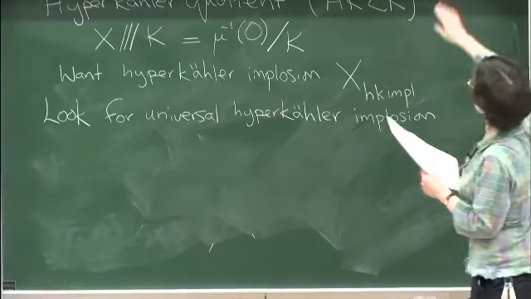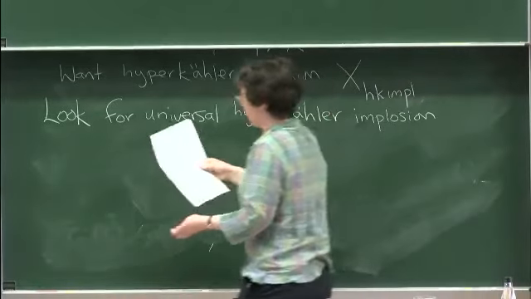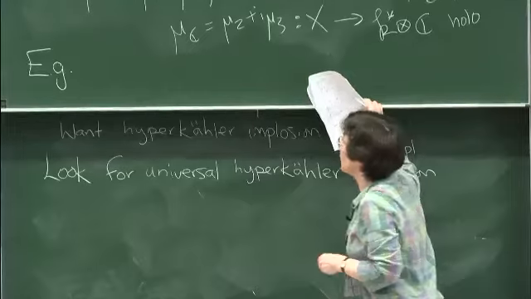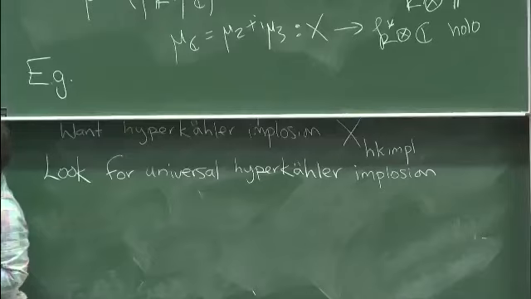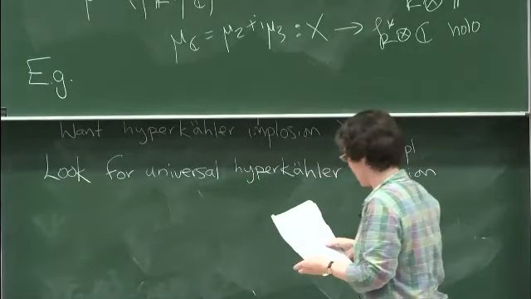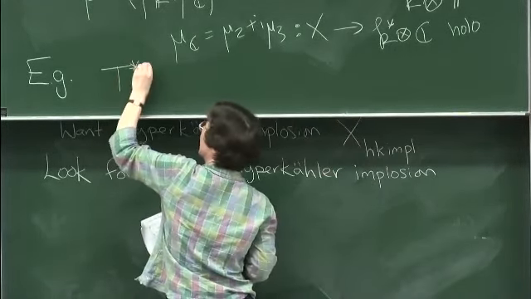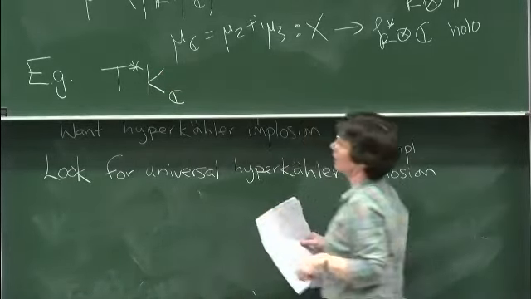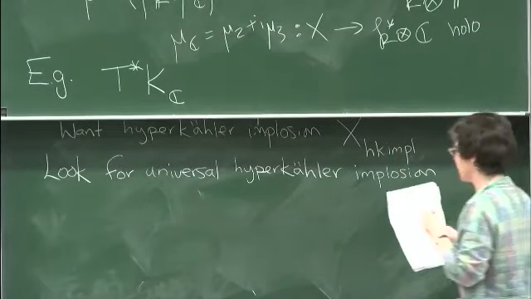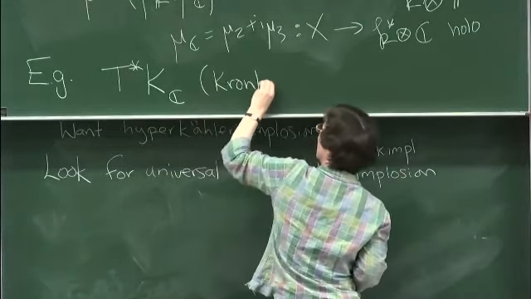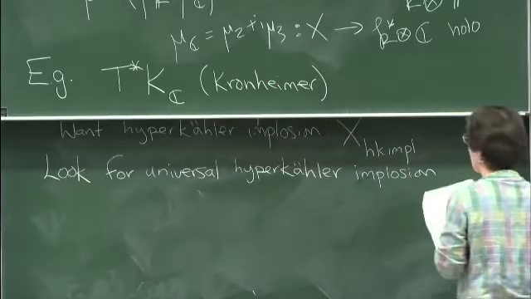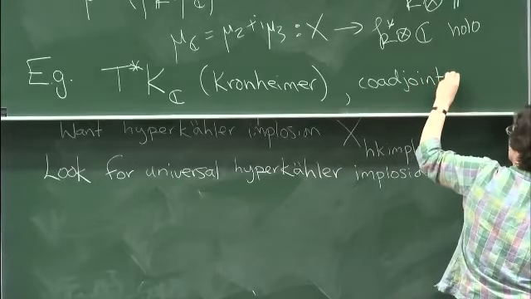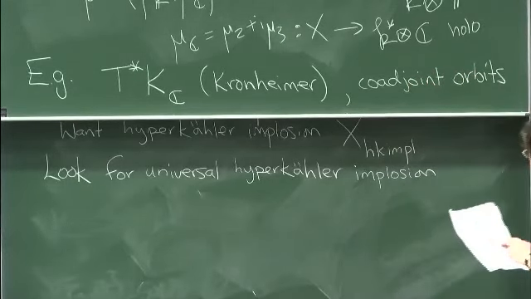Some examples of Hyperkahler manifolds that are going to be particularly relevant here: if you take the cotangent bundle to K, it is symplectic, and if you take the cotangent bundle to the complexification of K, then this actually has a Hyperkahler structure, which was due to Peter Kronheimer, and also coadjoint orbits for the complexified group as well.